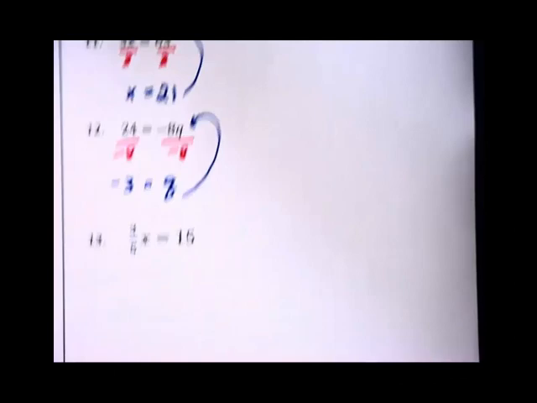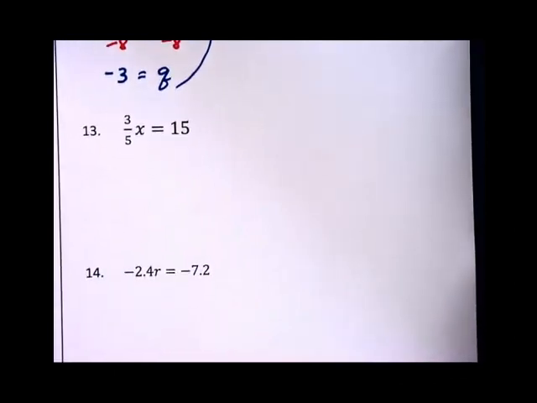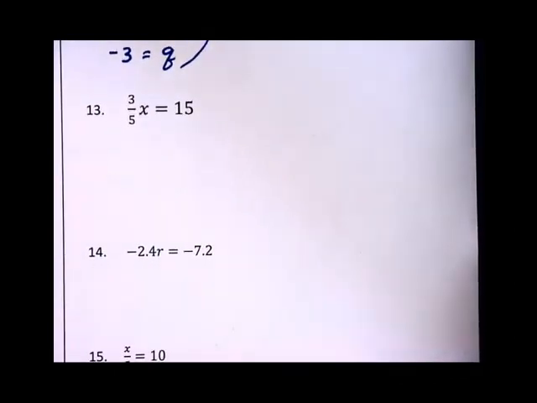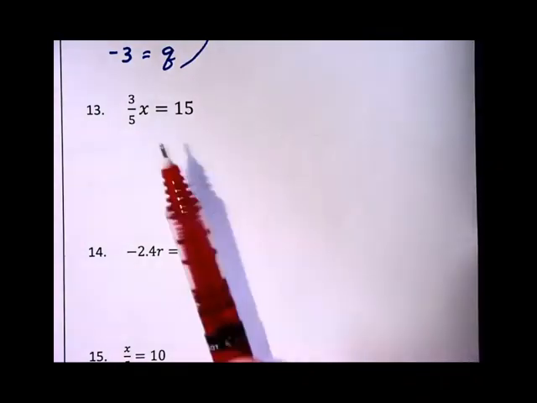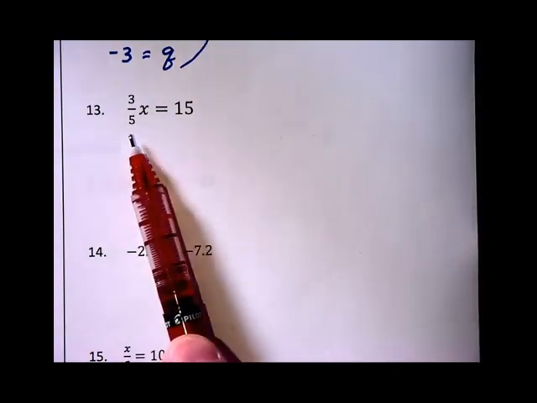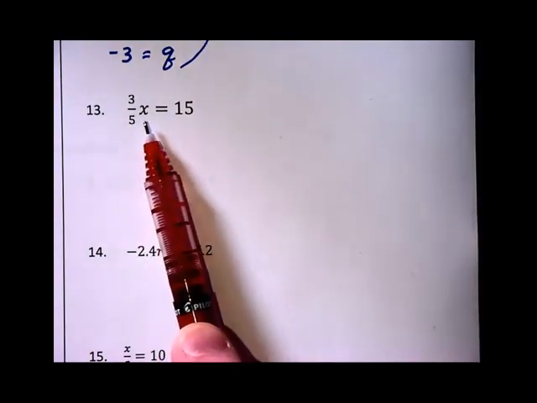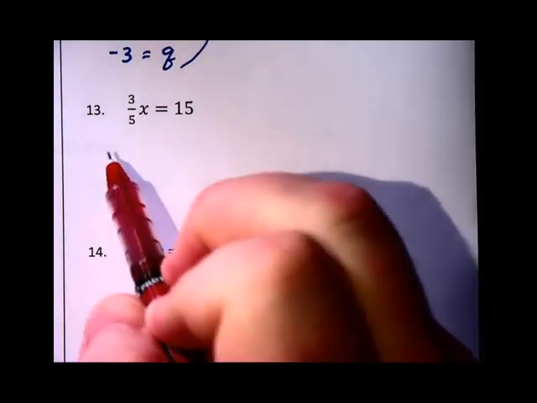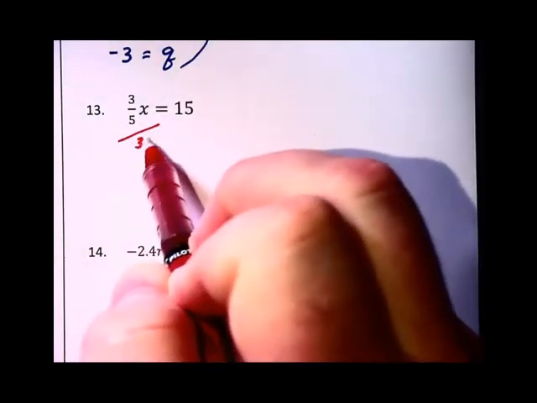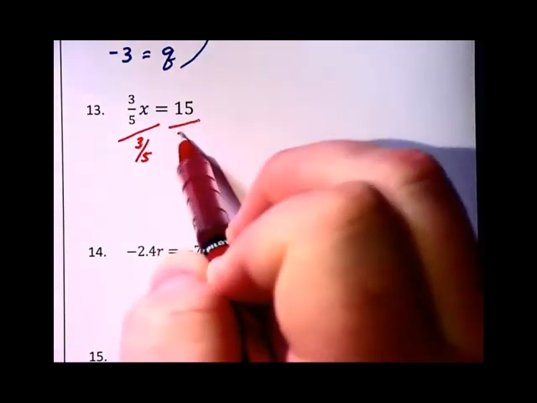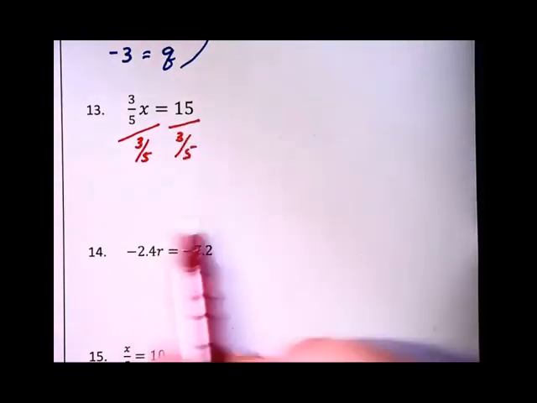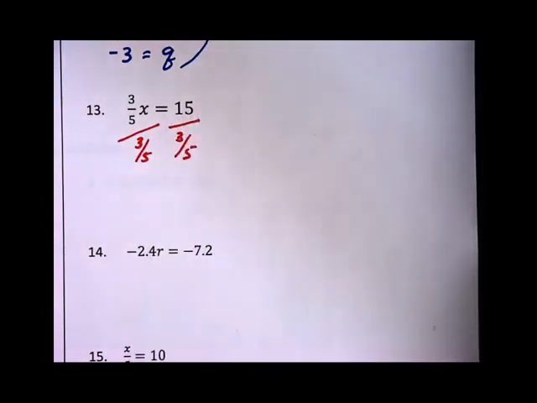Okay, problem number 13. 3/5 times x equals 15. Now you've got two choices here. You can say 3/5 has been multiplied by x, so I need to divide each side by 3/5. But notice how, yuck, you've got that double-decker fraction thing showing up on the right.